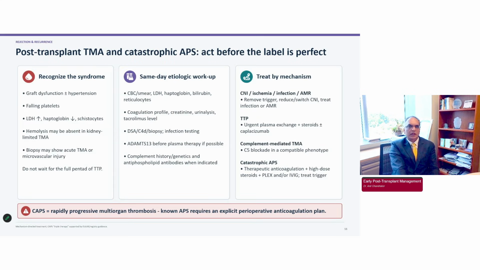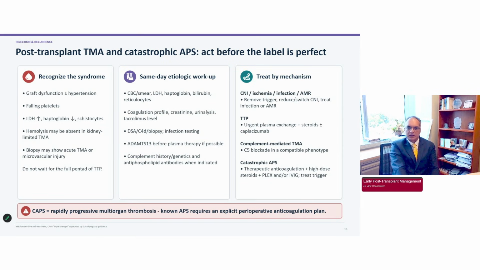So moving on to other causes of graft dysfunction, post-transplant TMA and catastrophic antiphospholipid syndrome. It's important to act here before you've finalized a diagnosis in many cases. You need to recognize the syndrome.